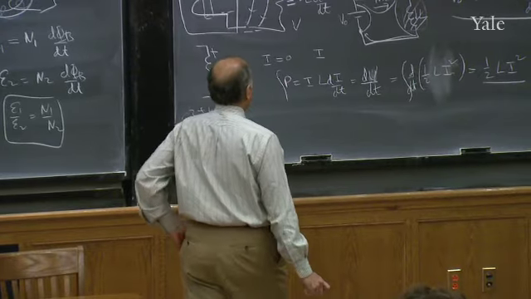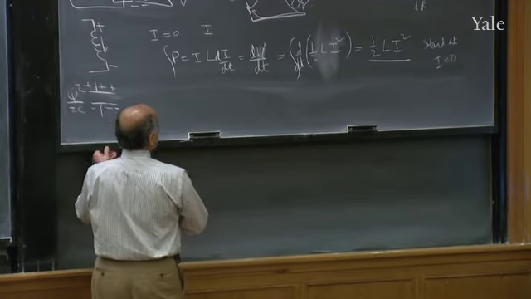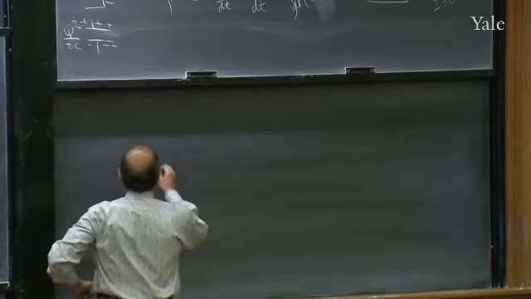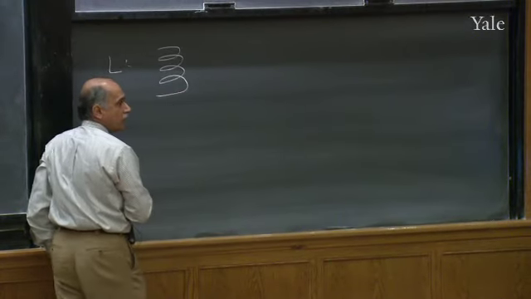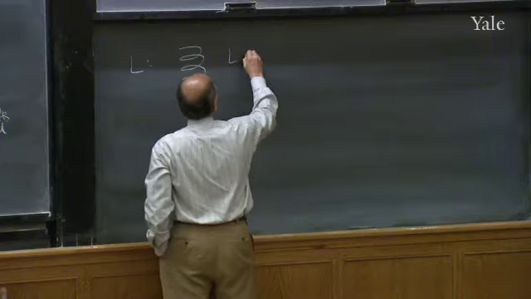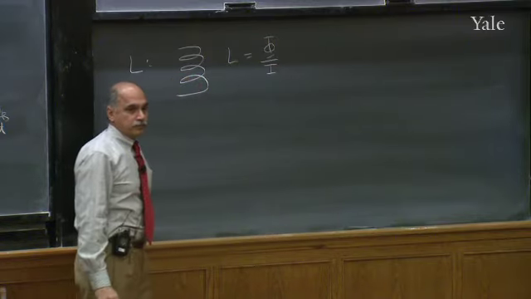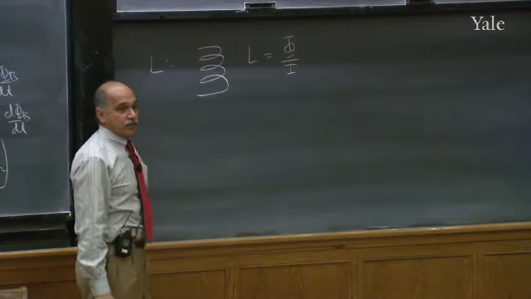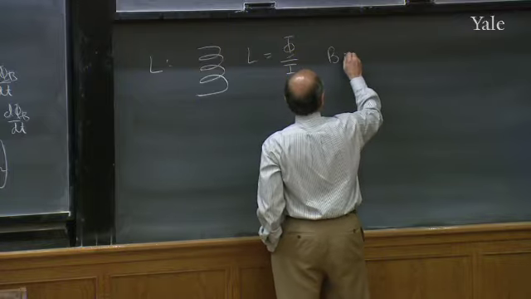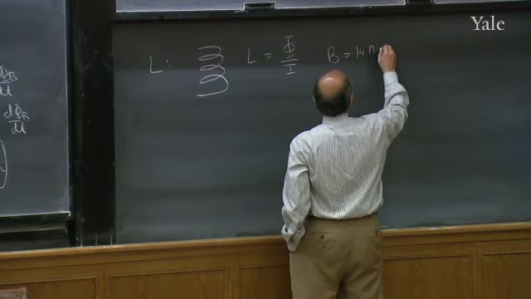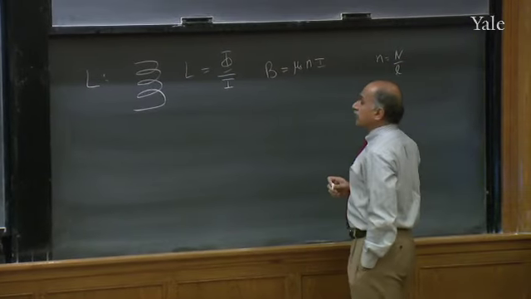I want to look a little bit more at the inductor, but first let's calculate L. So let's calculate L for a simple solenoid. Here is my solenoid. Remember, L is defined as the flux linkage divided by the current. It's going to be a one-line calculation, so it will be very easy. The magnetic field is equal to mu 0 little n I. Little n, you remember always, is the number of turns per unit length.